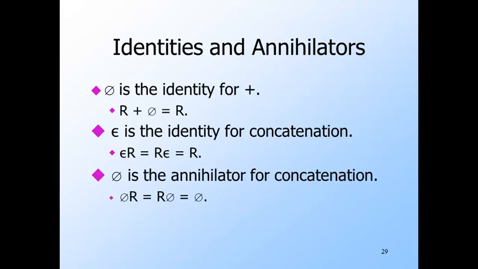Finally, the empty set is the annihilator for concatenation. That is, if we take any language, say the language represented by regular expression r, and concatenate it with the empty language, we get the empty language. Why? The result of the concatenation requires that we take strings from both languages and concatenate them in all possible ways. But you can't find any strings in the empty language to use in the concatenation of strings.